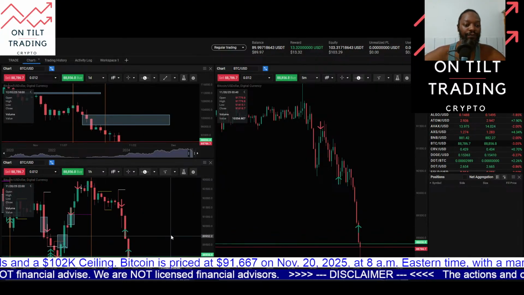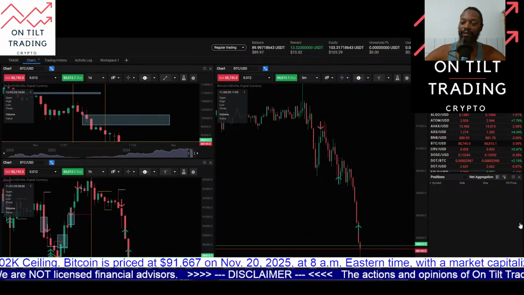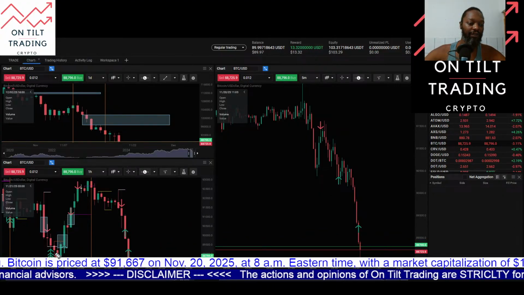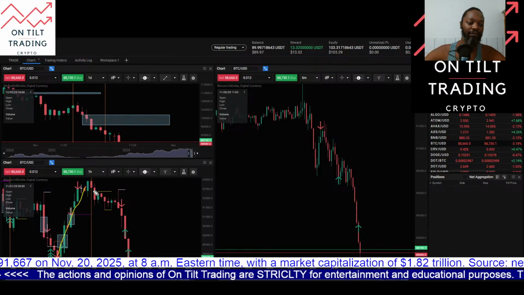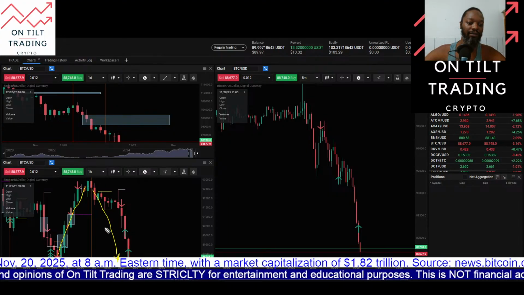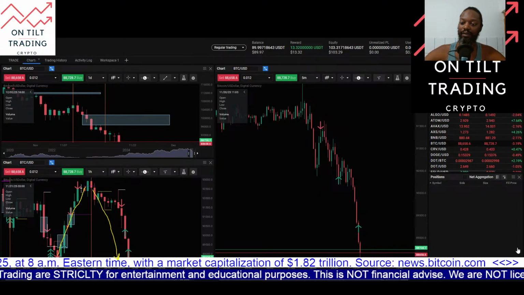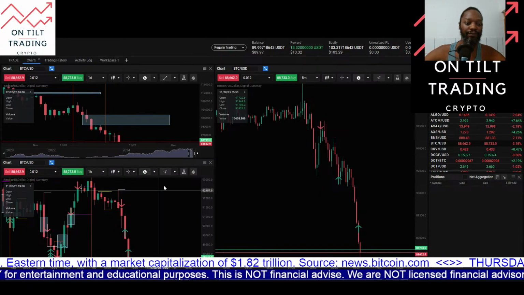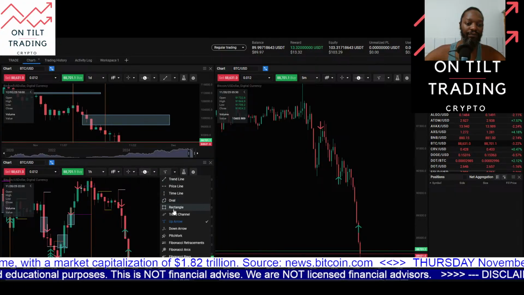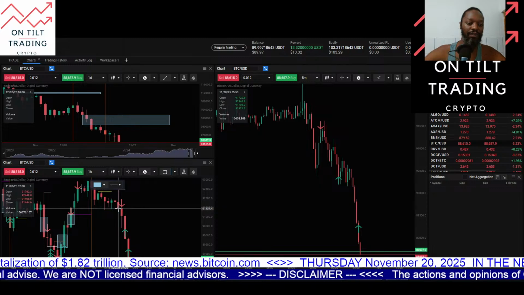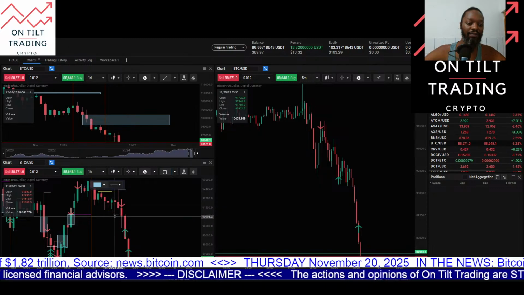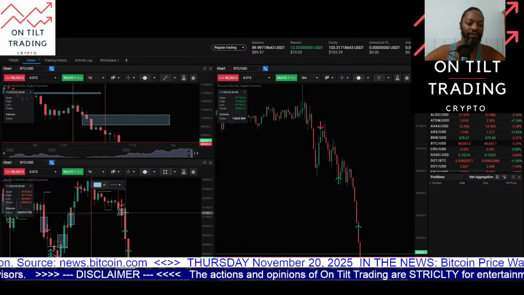Okay, and we can see this buy side delivery from yesterday, which I was able to take advantage of, has now reversed and rebalanced this area. So we have some SIBIs here, sell side imbalance, buy side inefficiencies.